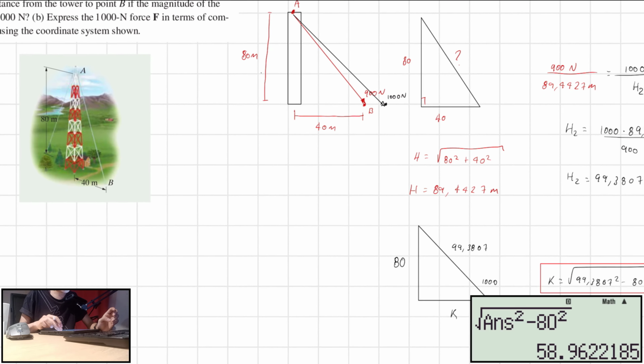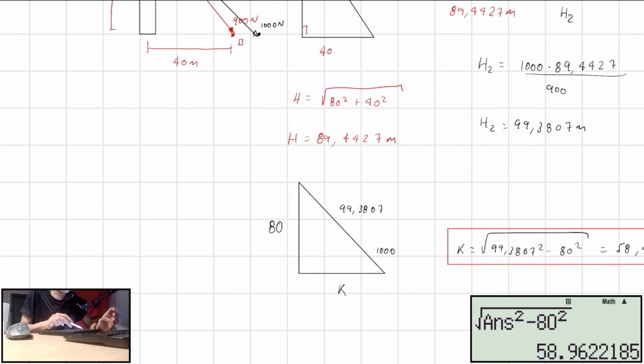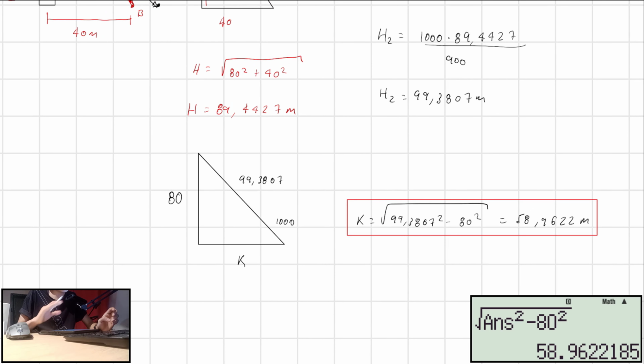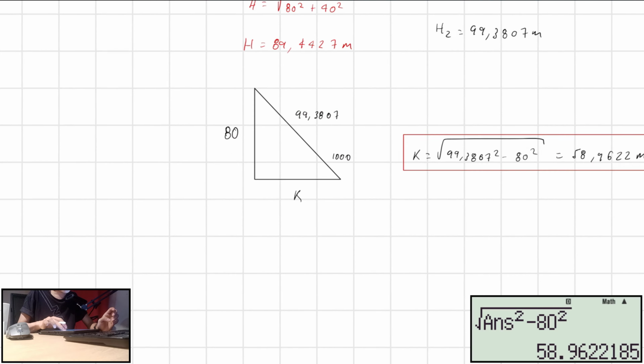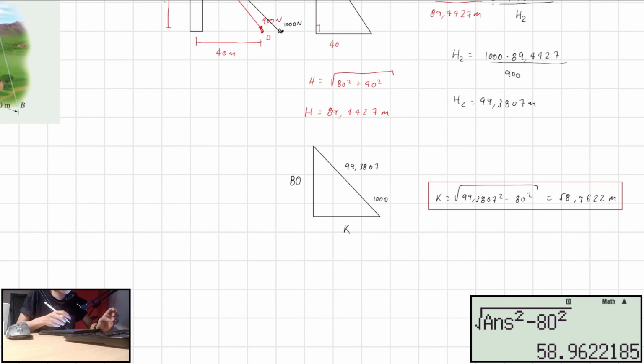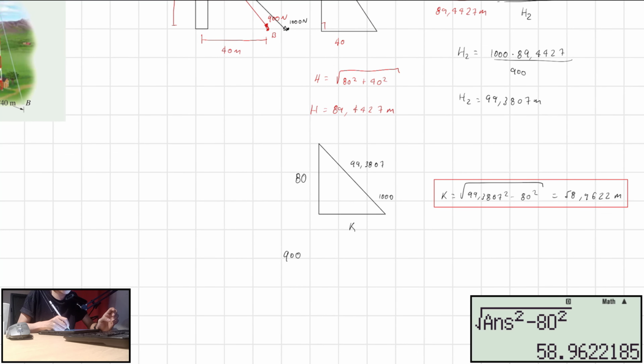So we have to change these and these into a force. We're going to use the same equivalence as before. First, 900 is equivalent to 89.4427, Newtons and meters.